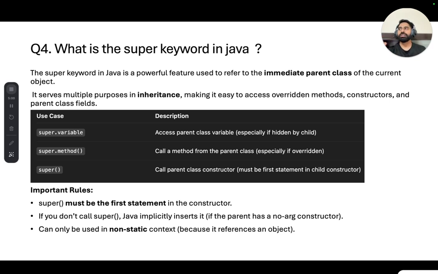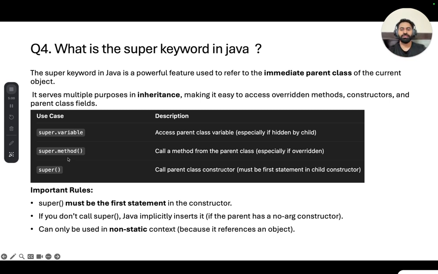It serves multiple purposes in inheritance, making it easy to access overridden methods, constructors, and parent class fields. Basically, the super keyword is used with inheritance concepts to call overridden methods, constructors, and parent class fields. We will see all these concepts in an example, so you will get a better understanding.